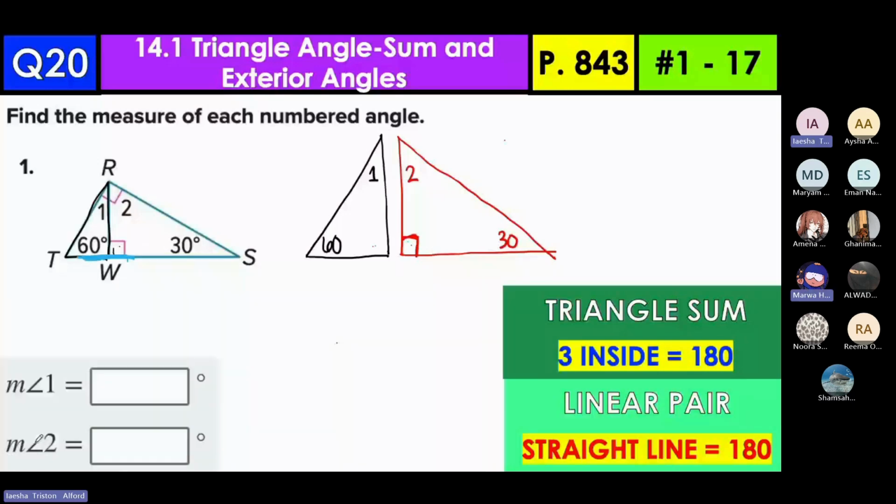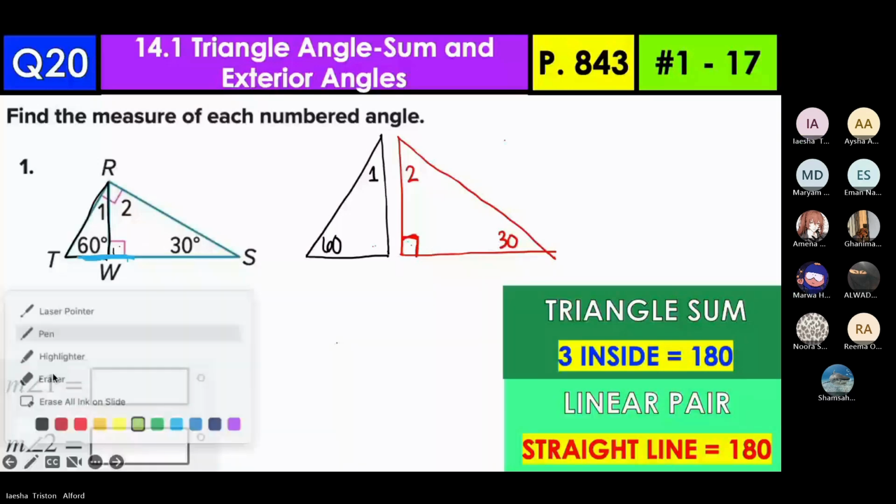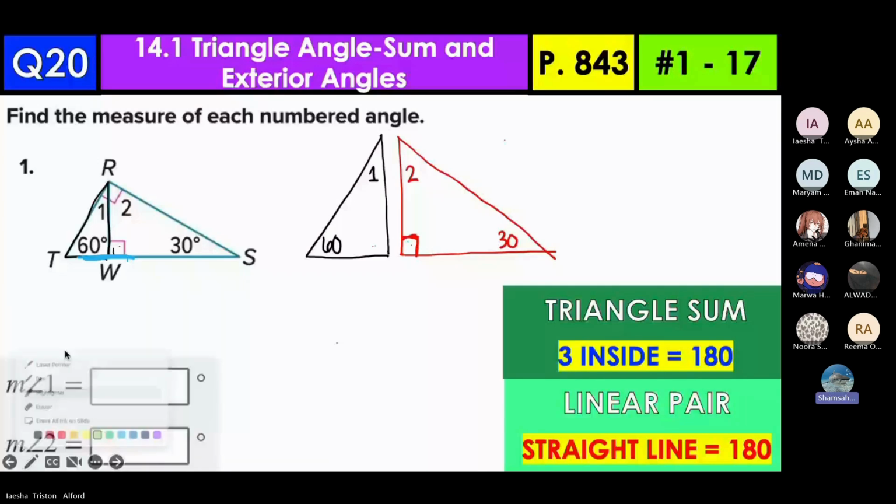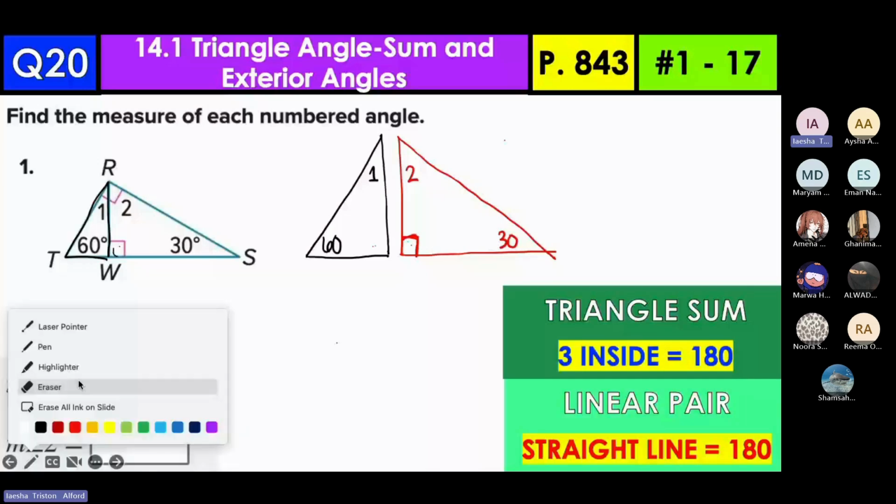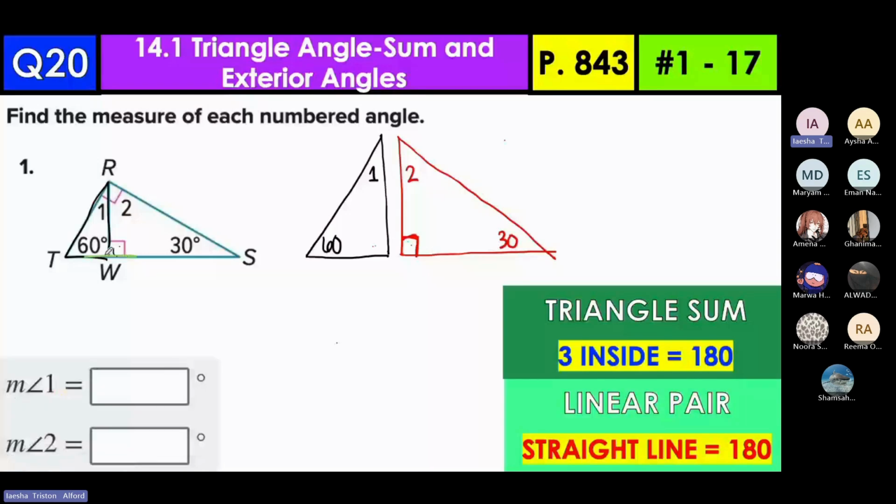It's a linear pair. What do you know about linear pair? Equal 180. So you're going to have to use these three vocabs to help you find the missing number. So if this one is 90, this one should also be 90, because 180 subtract 90 gives you 90.